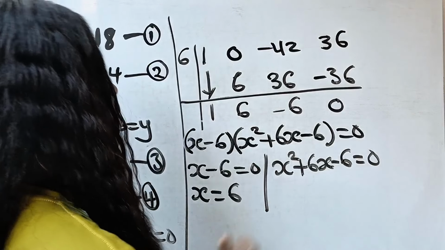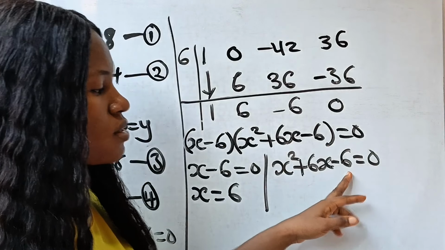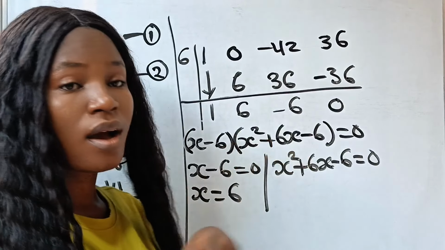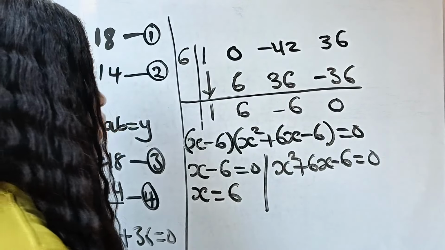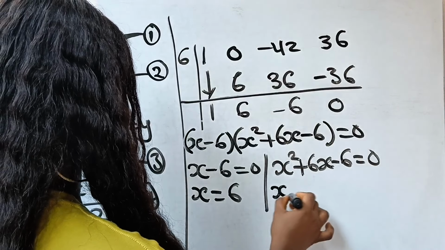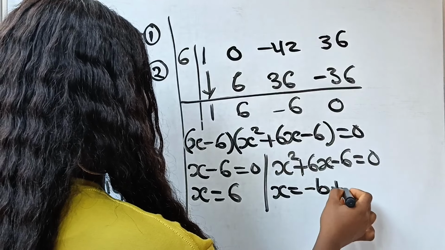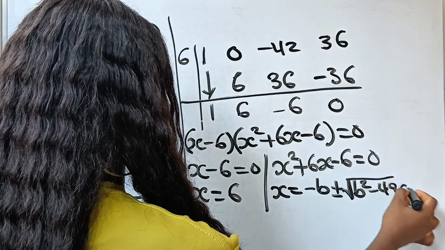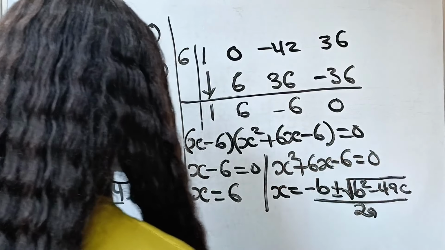From the quadratic, there is nothing more that you can get; we cannot do this by factorization. So the only way out is to use the quadratic formula, which states that x is equal to minus b plus or minus the square root of b squared minus 4ac, everything divided by 2a.